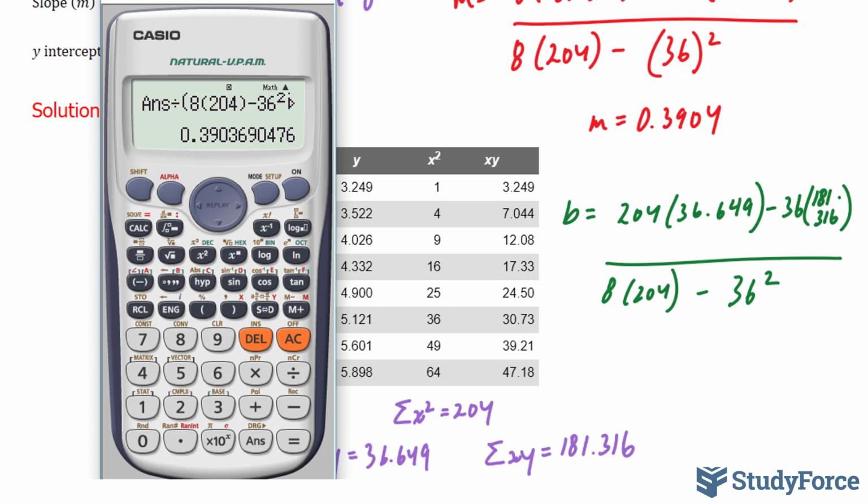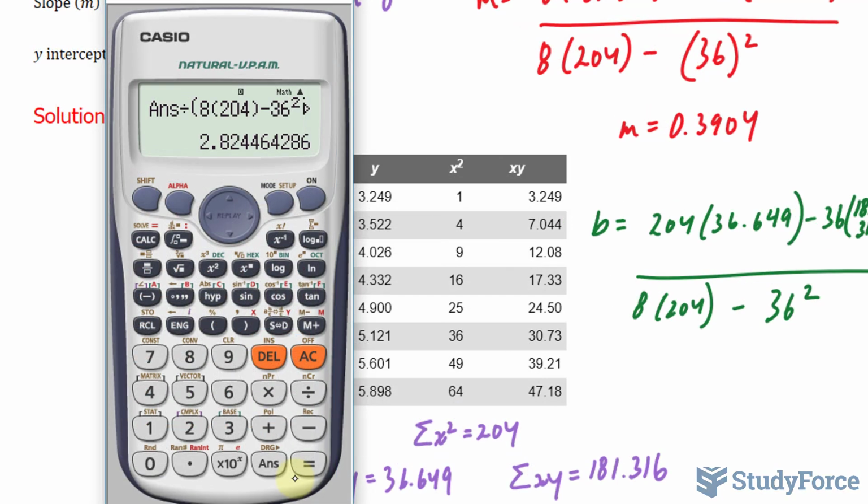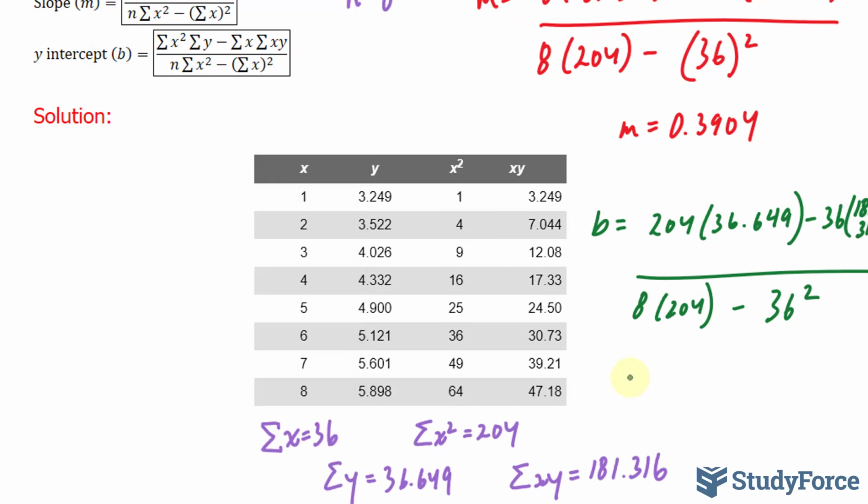Using my calculator, 204 times 36.649 minus 36 times 181.316, divided by this part now, and this gives me 2.824.